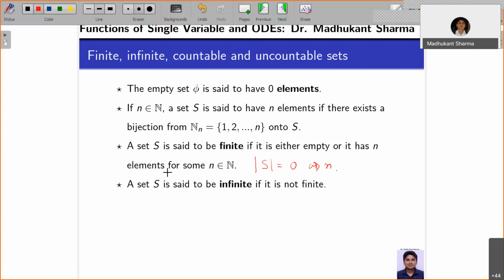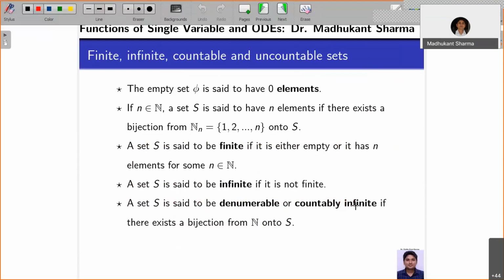In other words, you are not able to fix a small n such that you can find a bijection from Nn onto S. For every k belonging to the natural numbers, there is no bijection. Then you will say that S is infinite.